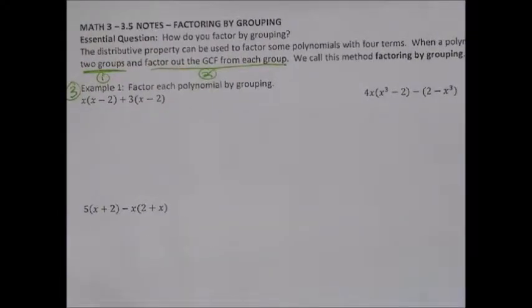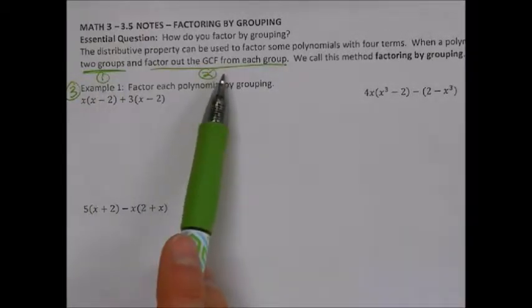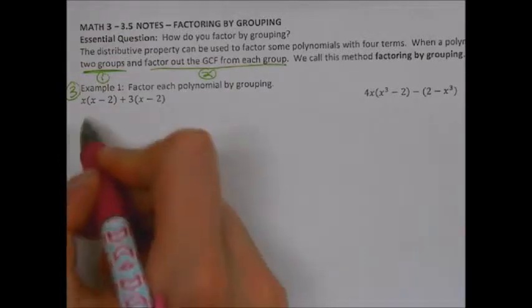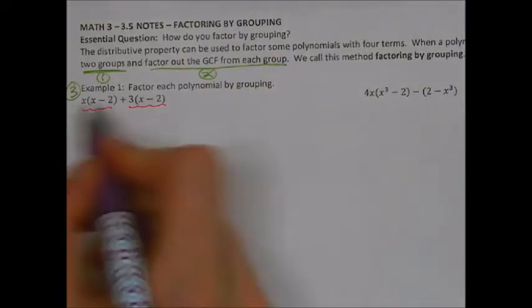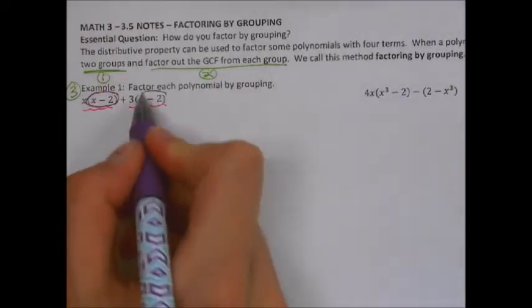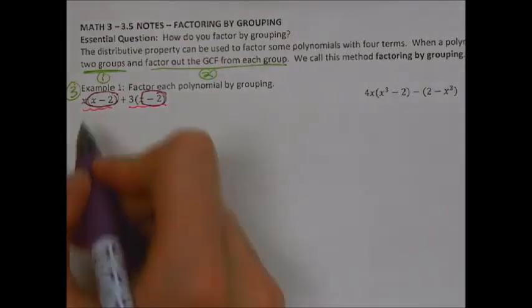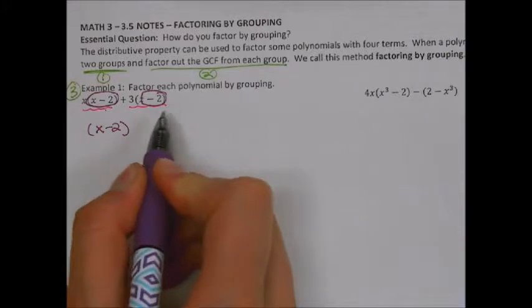So for example 1, they've already formed the 2 groups and factored out the GCF from each group. So let's look at what we're going to do for our third step. I'm going to look at each one of these pieces, and I notice that both of them have x minus 2. So we're going to write the x minus 2 because both of the pink pieces have x minus 2.